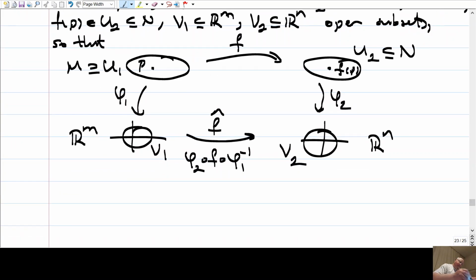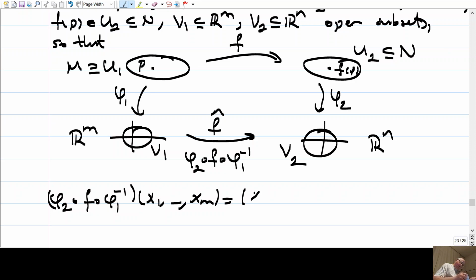Okay, and the statement is the following. This function phi2 f phi1 inverse on the point x1 to xm is given as follows: x1 to xm, and then we have zeros. So the first m coordinates are x1 to xm, and the rest are just zeros.